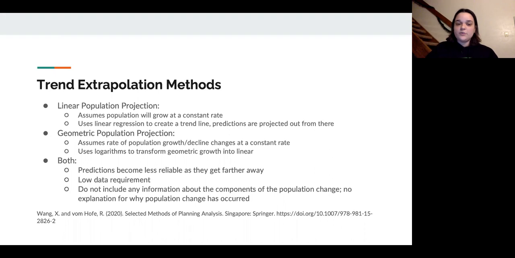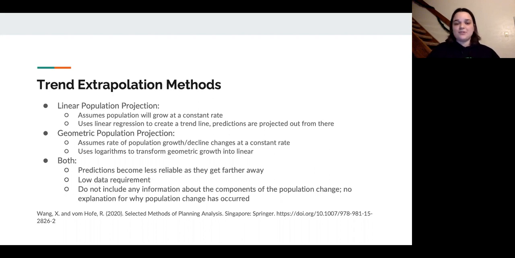And just a quick overview of the various trend extrapolation methods. The linear population model and the geometric population model are both based on historical data and assume that growth will continue in the way that it always has. The linear population model, however, specifically assumes that the population will grow at a constant rate, while the geometric population projection assumes that the rate of growth and decline changes at a constant rate.